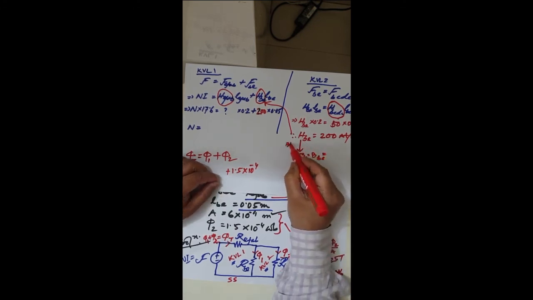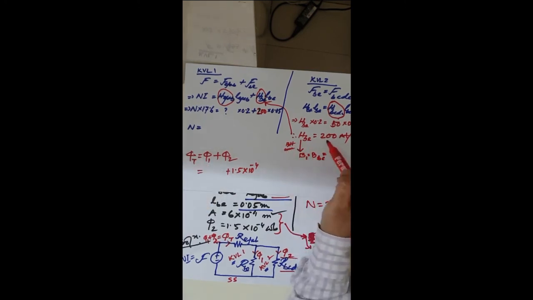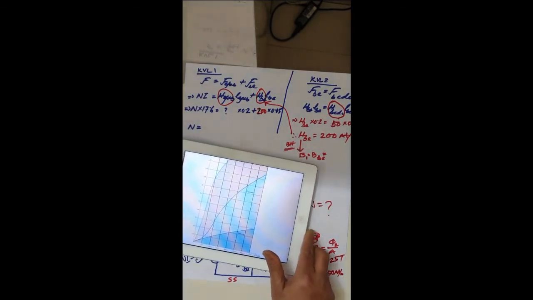That comes from the BH curve. Again, the opposite thing: the BH curve gives you that value. So if you go back to the BH curve, for 200 ampere turn per meter, what flux density, BBE or B1, can we find? Look at this BH curve again. Where is 200?